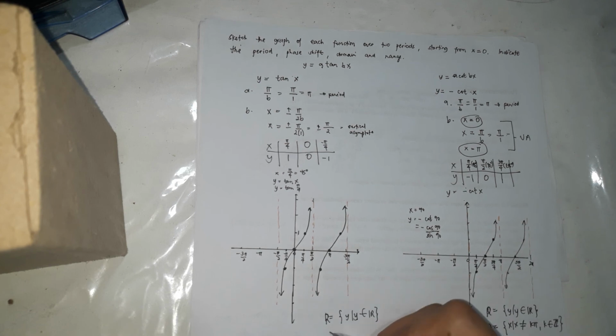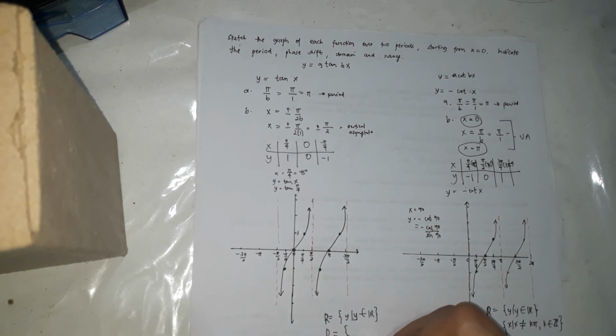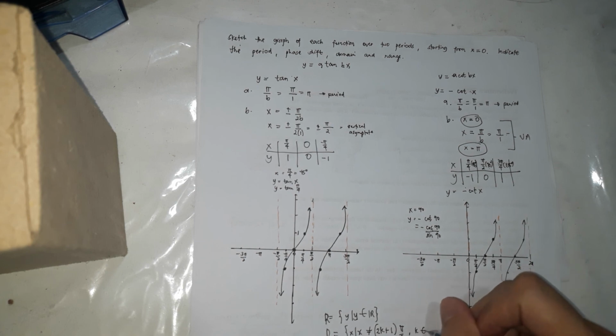For tangent, the domain is x such that x is not equal to (2k plus 1) times pi over 2, where k is an integer.